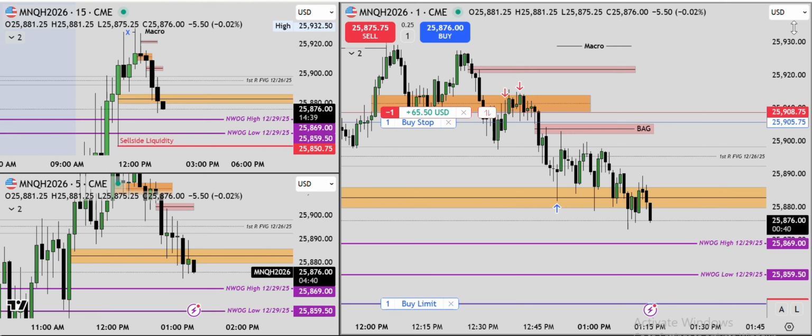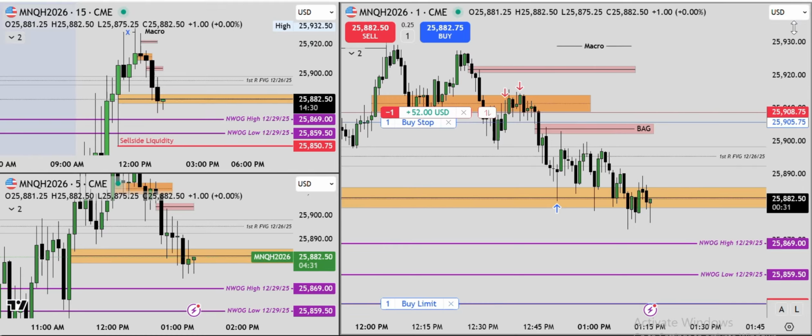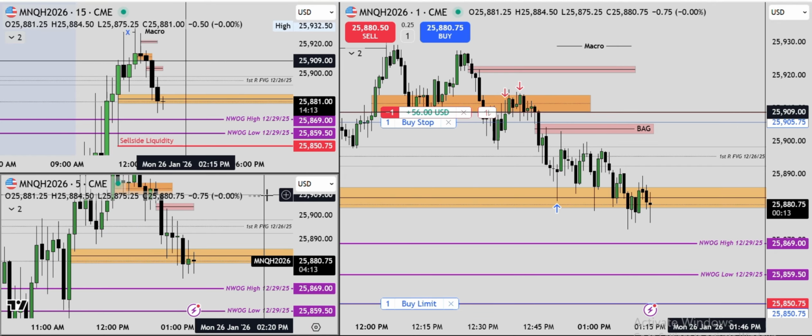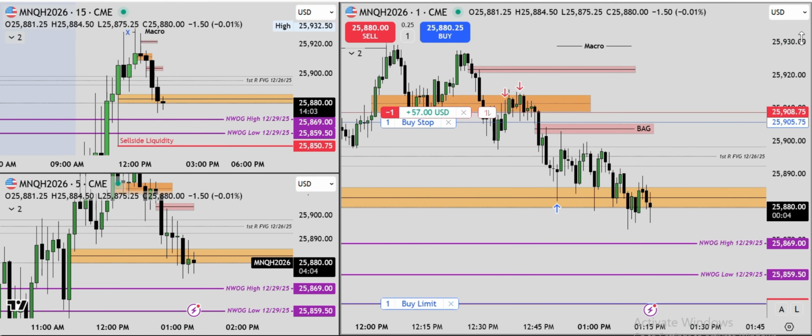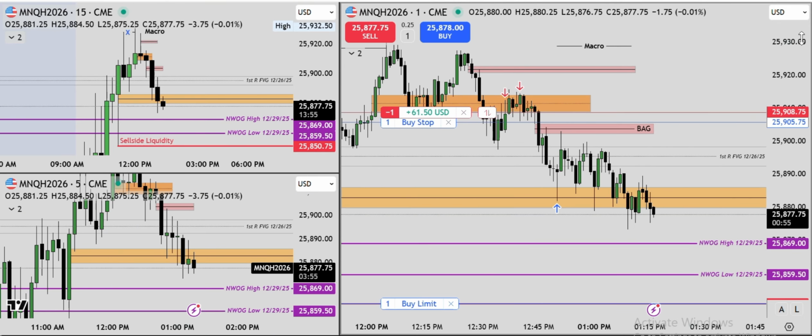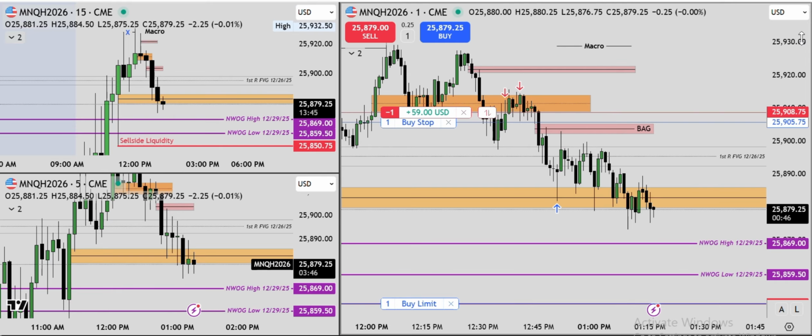I do like this displacement, but it's short-lived. Again, I want closes below that yellow shaded area or in the lower half of it.